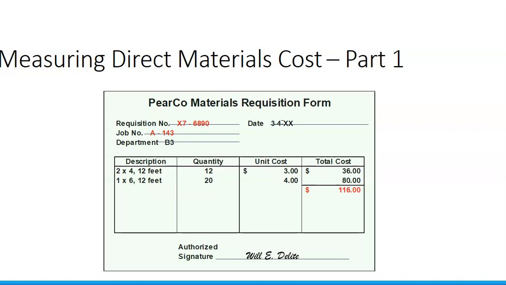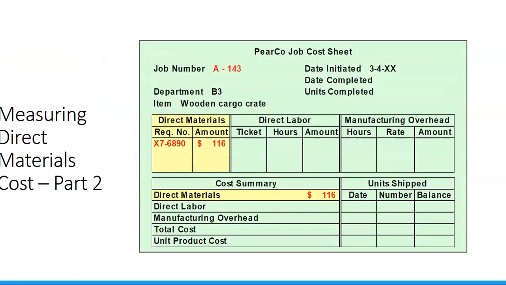Here we have what direct materials we're asking for, the quantity, the cost of the direct materials, and which job they are being assigned to. So now on our job cost sheet, we are using $116 in direct materials on this job.